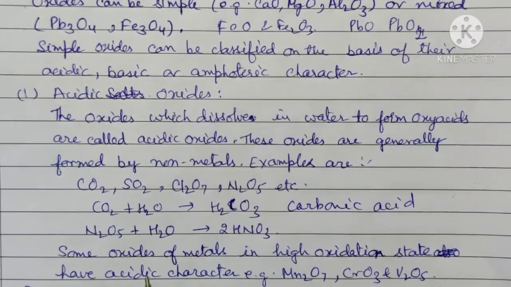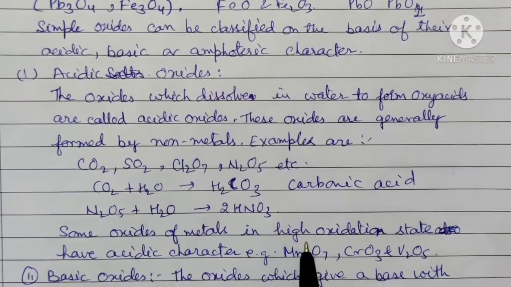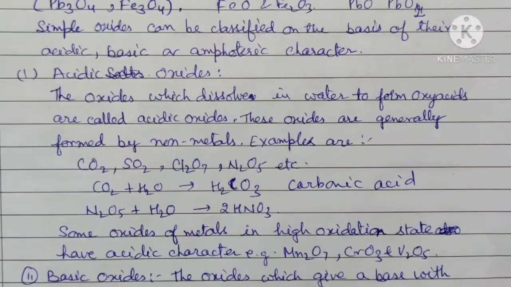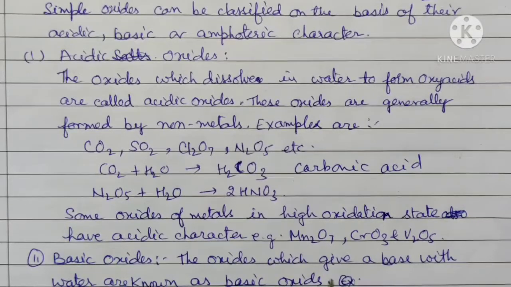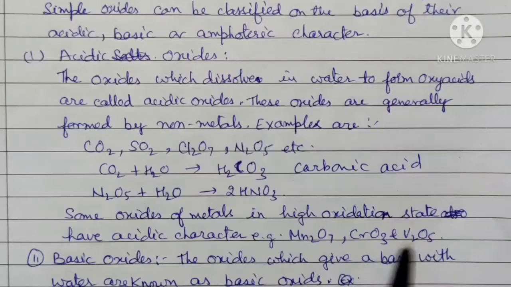Some oxides of metals in high oxidation state have acidic character, which you will study in the d-block elements also. Some metals like manganese, chromium and vanadium: manganese oxide, chromium oxide and vanadium pentoxide have acidic character.